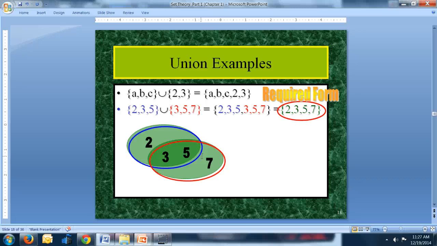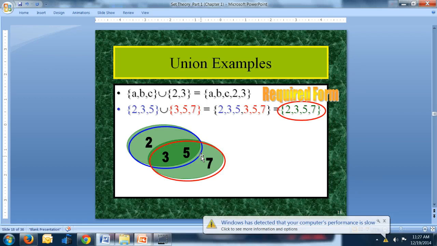Now, if we have two sets that are similar, but each has different items and also some common items, we take the elements in the first set, the elements in the second set, and the common elements. In this case, we don't repeat the common elements. So we will have 2, 3, 5, and 7.